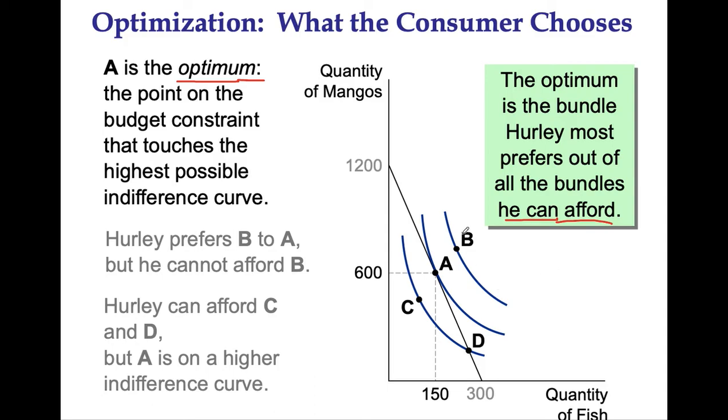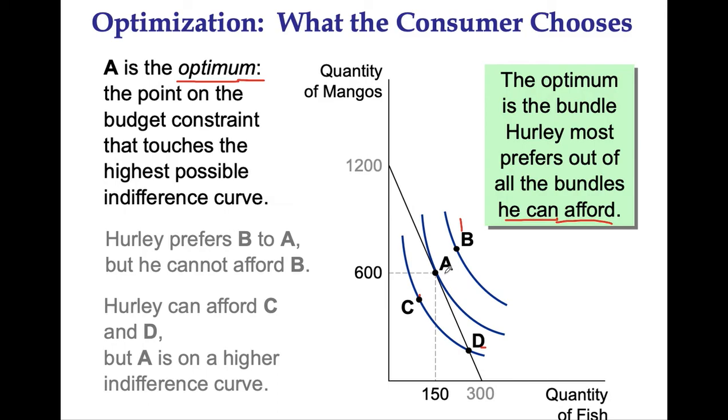He cannot afford B, budget limitation. He can afford C and D, but C and D do not give him the highest satisfaction.